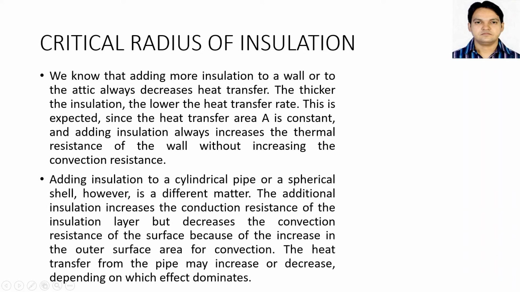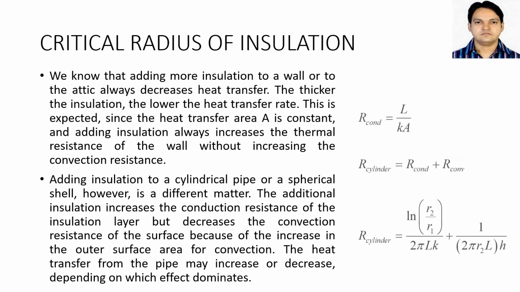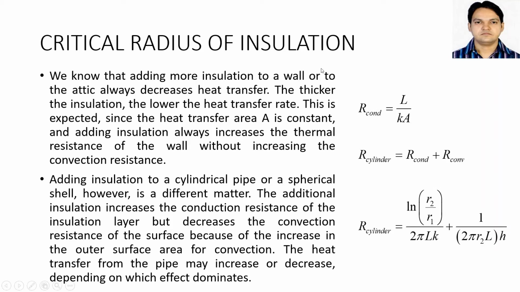But when you go on adding insulation on cylindrical pipes or spherical shells, the matter is different, and we discussed how it differs. In the case of a wall, as we know, our conduction resistance equation is L upon kA.